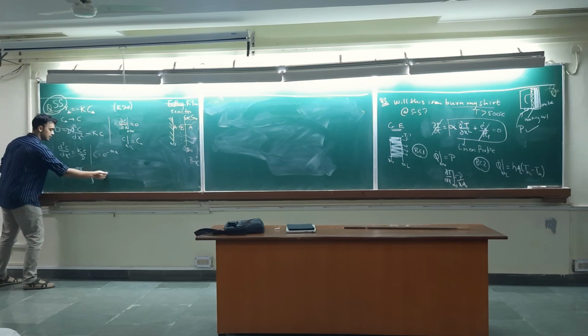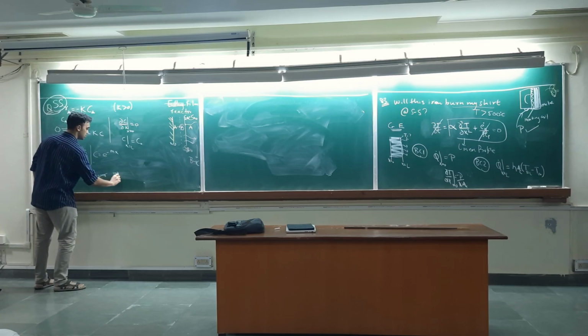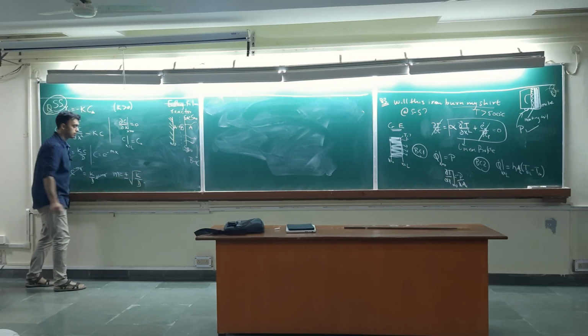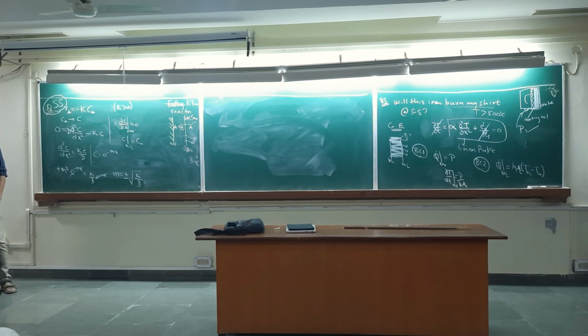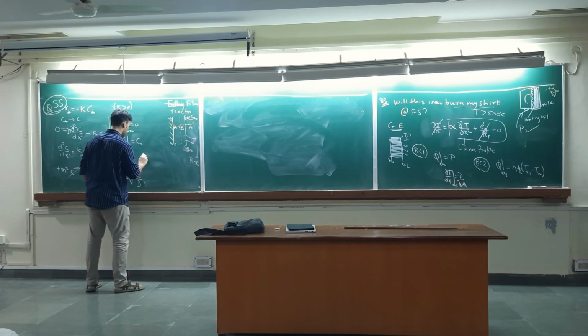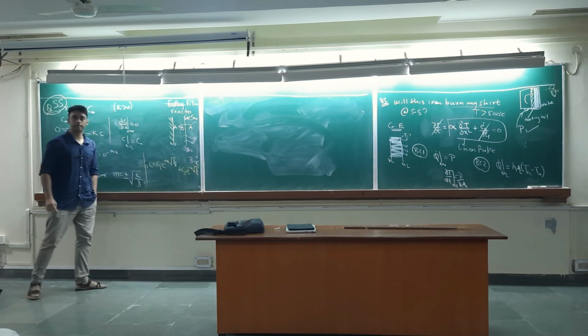Yes, this is cancelled. m is what? Plus minus root k by D. So the solution is C is equal to C1 e to the power plus x root k by D plus C2 e to the power minus x root k by D. Yes or no?